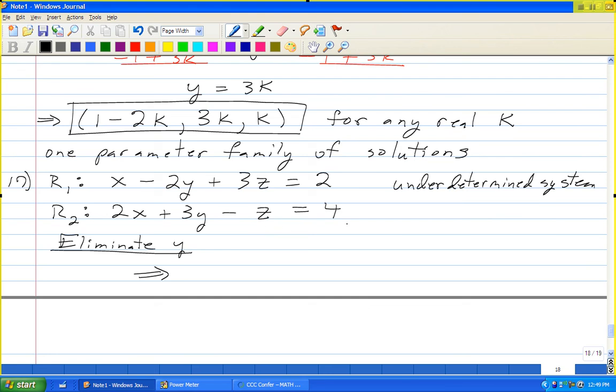Maybe I'll put it over here because I don't have space. So I notice I have a 2 in front of this y, so I'll put the 2 here, a 3 in front of this y, so I'll put the 3 here. So I have a 3 R1 and I have a 2 R2.